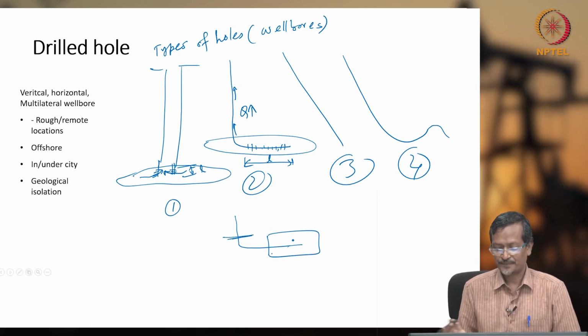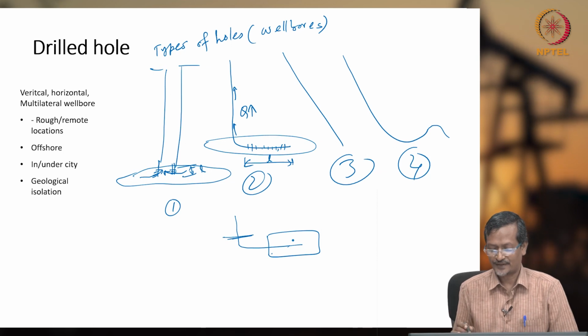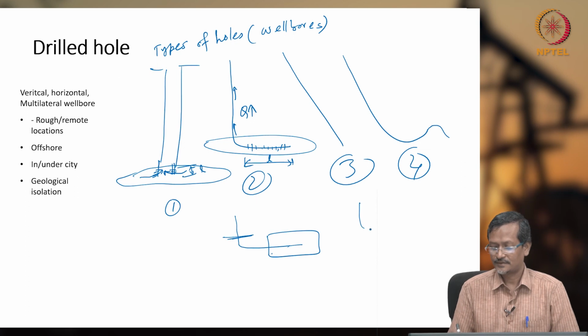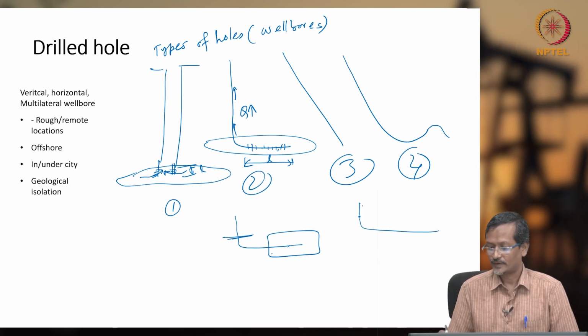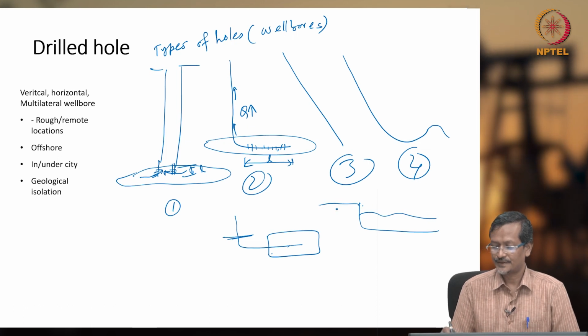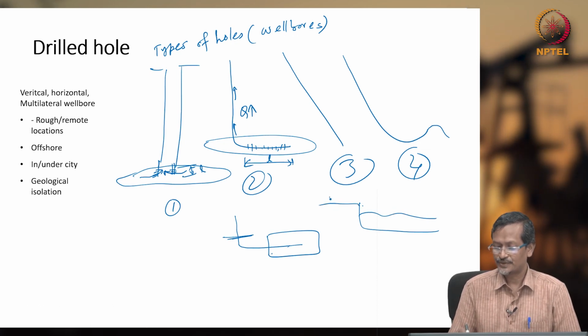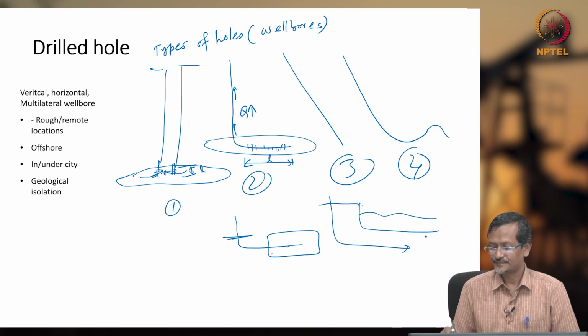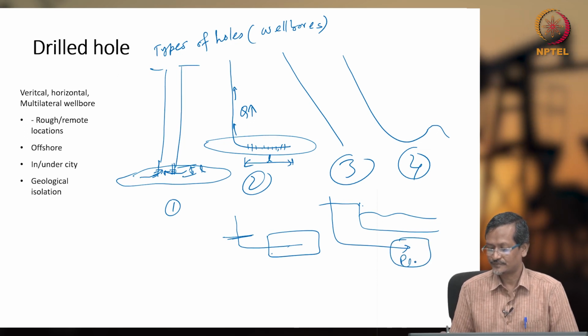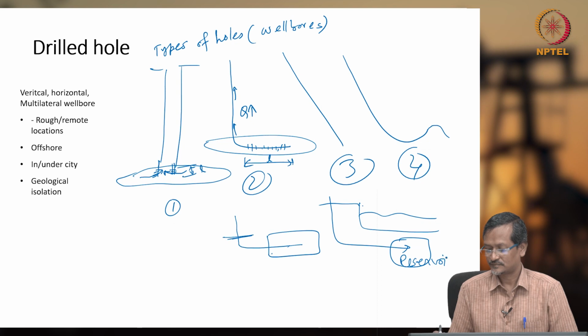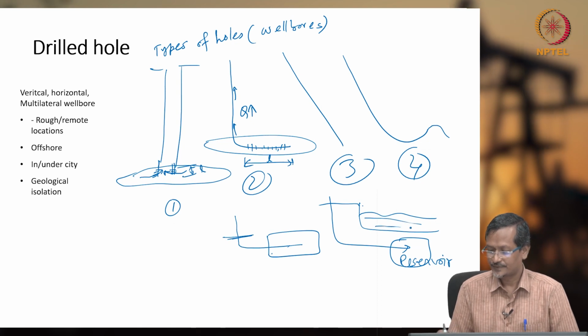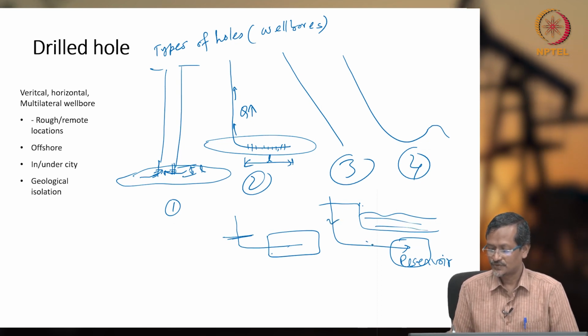So IIT will not know, but the oil will go from IIT actually. Similarly, if you have an offshore area like this, where lots of water is there, instead of going into the ocean, you drill a hole here and reach the reservoir.